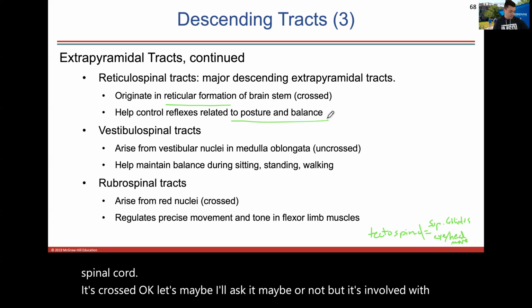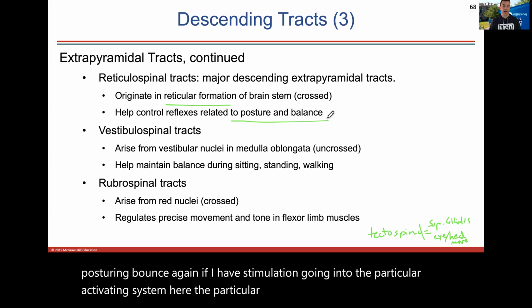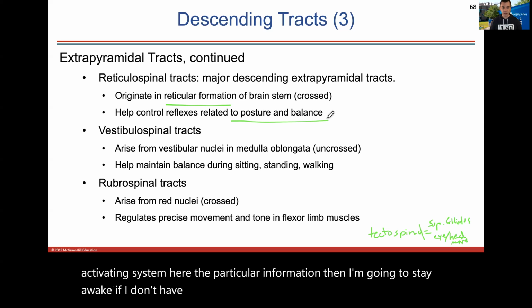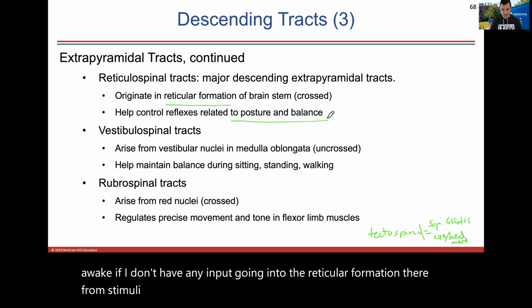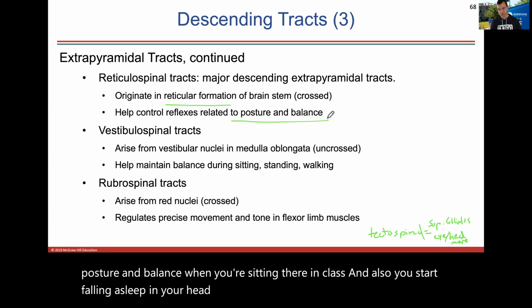Again, if I have stimulation going into the reticular activating system here, the reticular formation, then I'm going to stay awake. If I don't have any input going into the reticular formation from stimuli, then we shut down and we fall asleep. What happens to your posture and balance when you're sitting there in class and all of a sudden you start falling asleep and your head starts moving? You lose your posture.